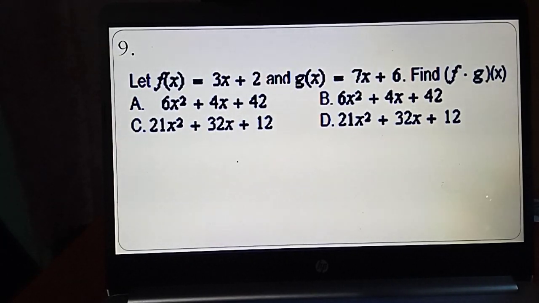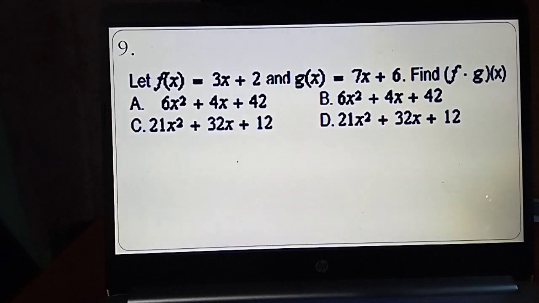Then last, 2 times 6 equals 12. So the answer is 21x squared plus 18x plus 14x plus 12. So 18x plus 14x is 32x. So the final answer is 21x squared plus 32x plus 12.